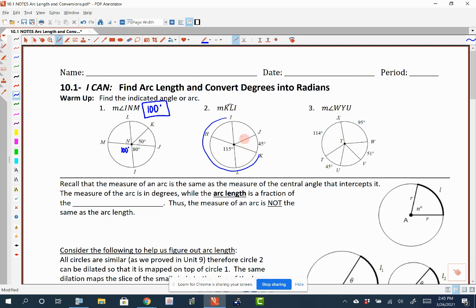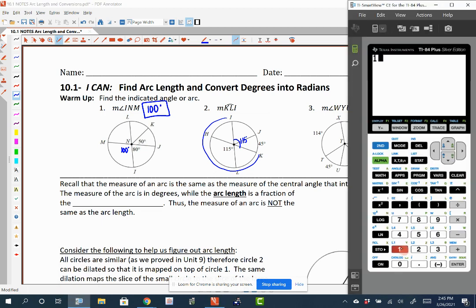Well, let's see if we can find the rest of these. I see 115, which looks vertical to these two angles combined. And if I already know that this angle and arc are 45, then I should be able to subtract from 115 and find that missing arc. So 115 minus 45 should be 70.